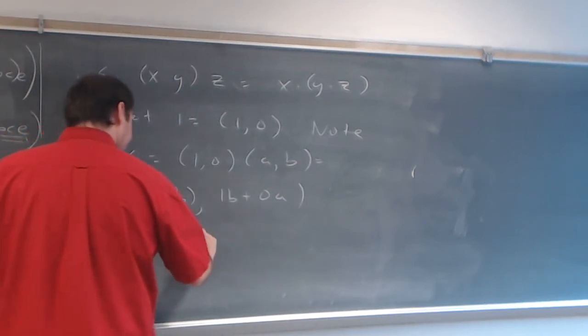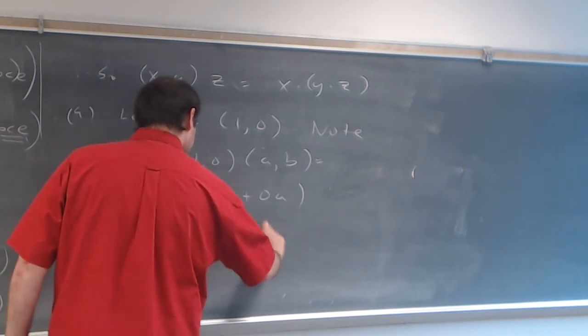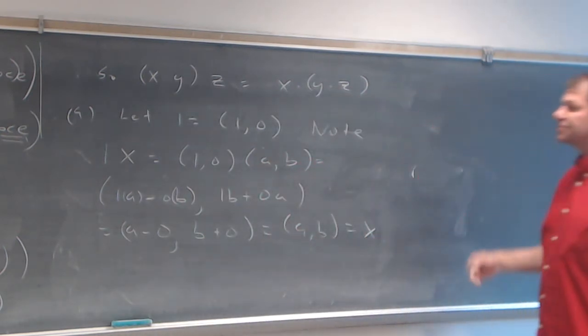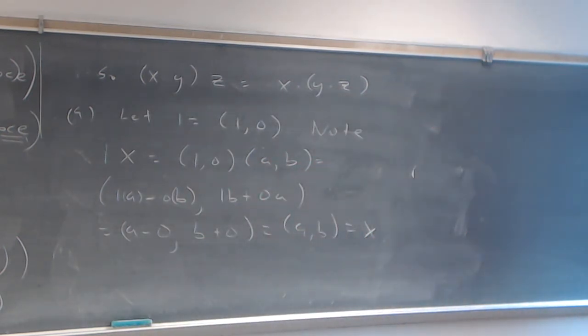And then this is b plus 0, which equals b, so it is a, b, which equals x. And so that shows that 1 is the multiplicative identity.